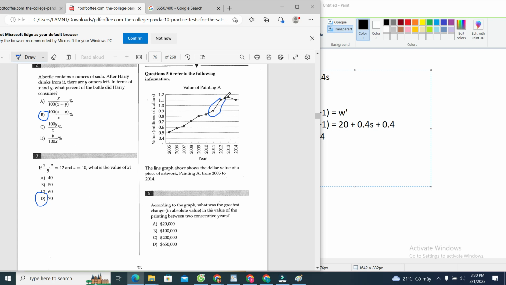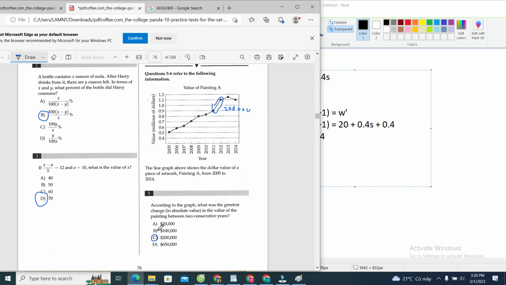So from 2011 to 2012, this part here increased about 200,000, because that's 0.2 of a million. So that's the greatest.